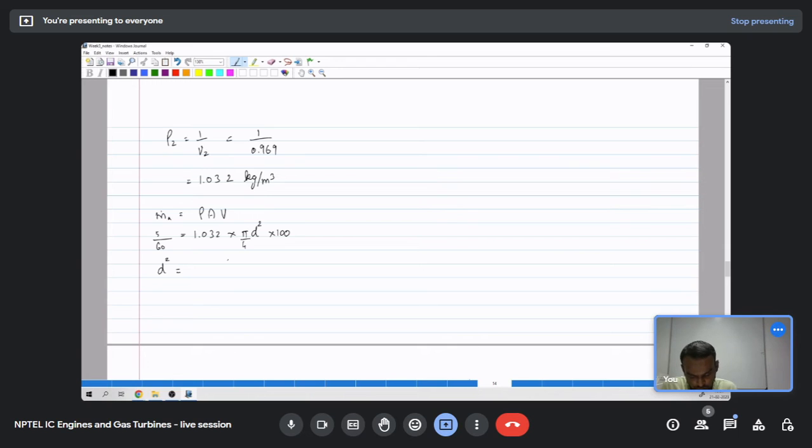We have d square is, sorry, we have 5 into 4 by 60 into 1 by 1.032 into 100 into pi. I think I missed a 60 last time.